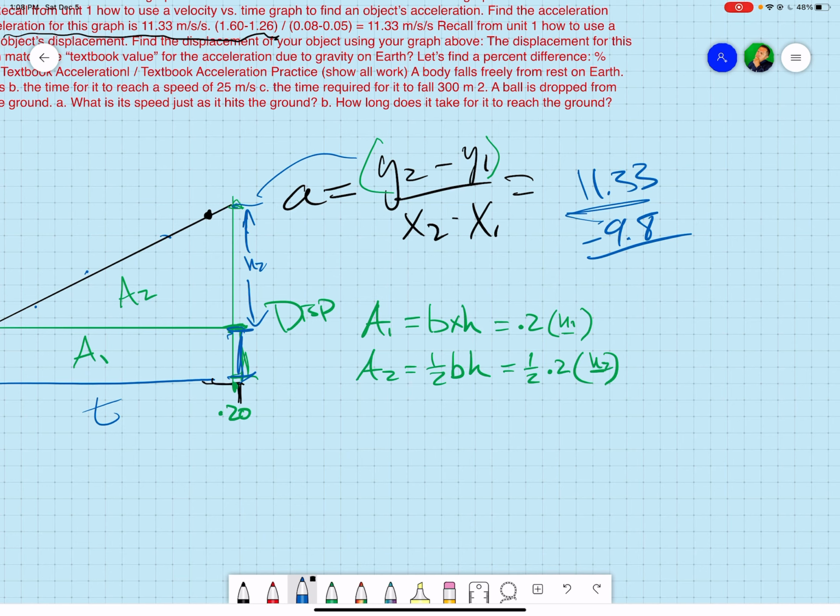I'll do it real quick. 11.33 minus 9.8, I got 1.53. If I divide that by 9.8, I get that it was 15.6% off. So my percentage error would be 15.6%.